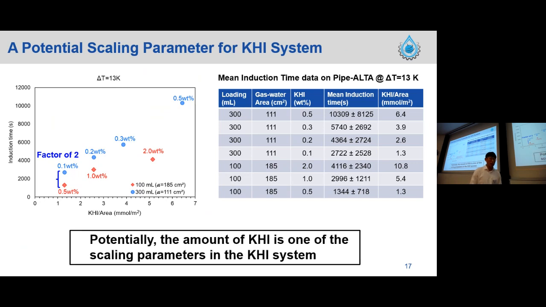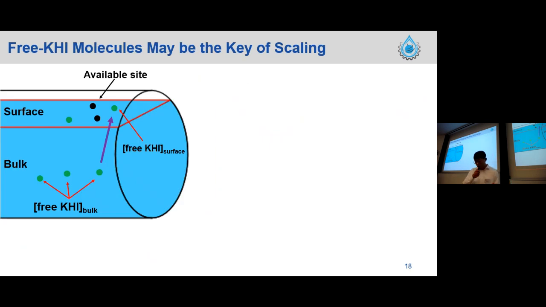So potentially that may be one of the scaling factors, or one of the pieces of information, that we're missing for scaling the KHI system. So the amount of KHI may be that one. Now I'd like to introduce my new framework for KHI scaling.